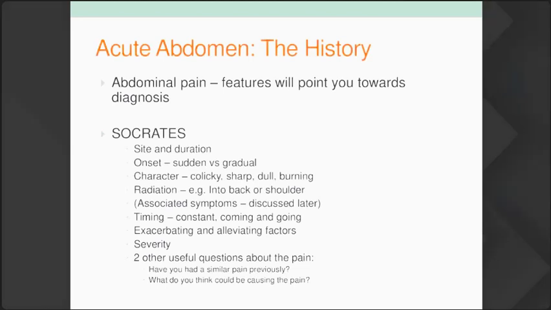Most important, we have to concentrate on the site and the duration, as we mentioned previously, and the onset, the character of the pain, radiation, timing of the pain, and whether there was a previous attack or previous surgical intervention in the abdomen.